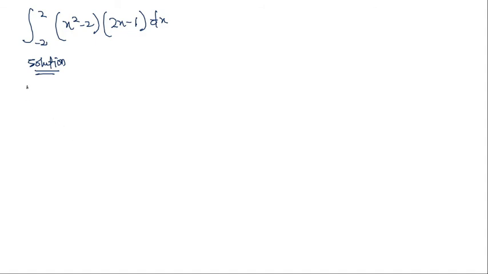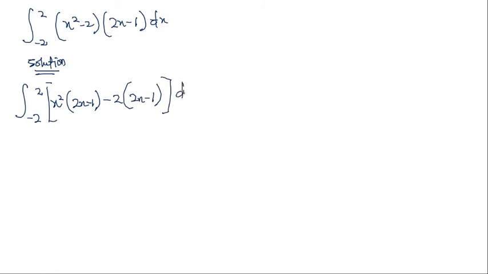So this will be the integration from -2 to 2. Then I use x squared to multiply everything, so I'm going to have x squared multiplied by 2x minus 1. Then minus the -2 over here, then 2x minus 1, dx. So it is the integral from -2 to 2.